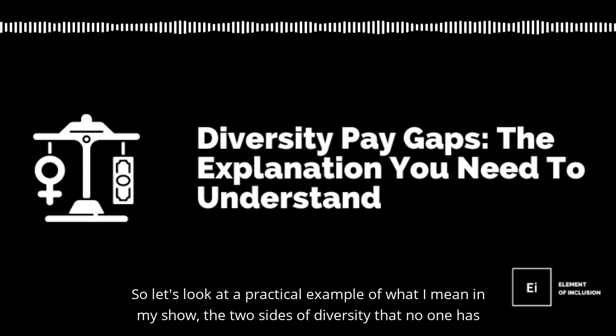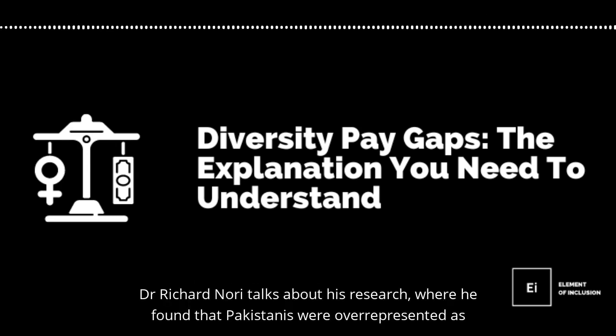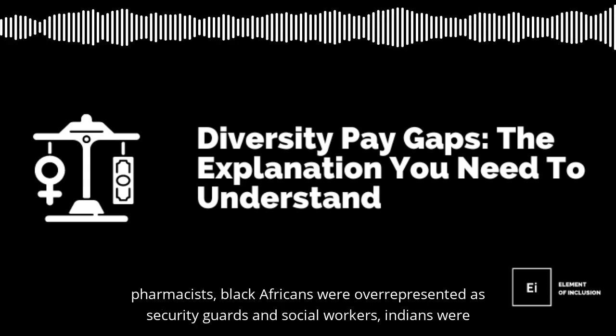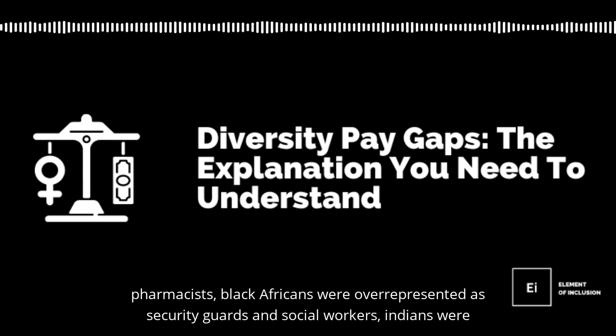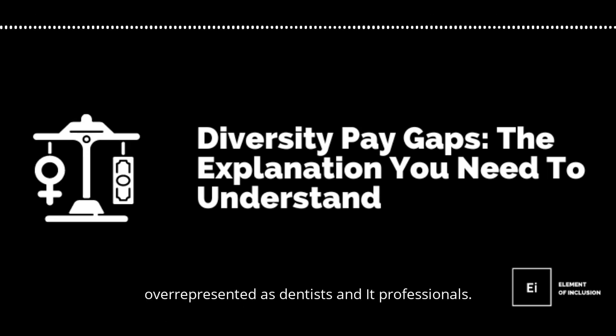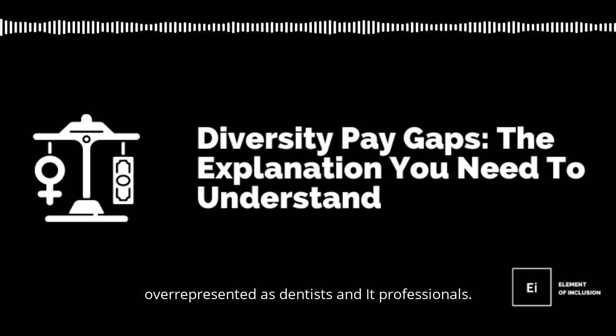So let's look at a practical example of what I mean. In my show, The 2 Sides of Diversity That No One Has Told You About, Dr. Richard Norrie talks about his research where he found that Pakistanis were overrepresented as pharmacists. Black Africans were overrepresented as security guards and social workers. Indians were overrepresented as dentists and IT professionals.